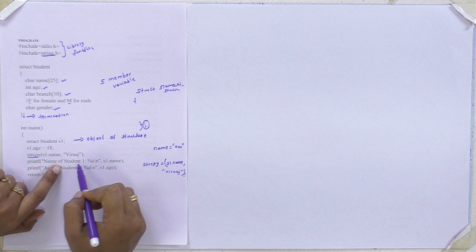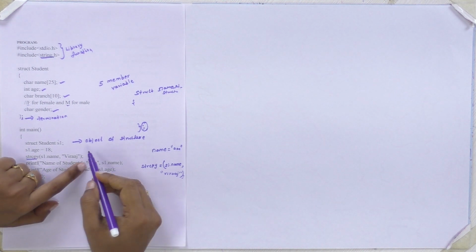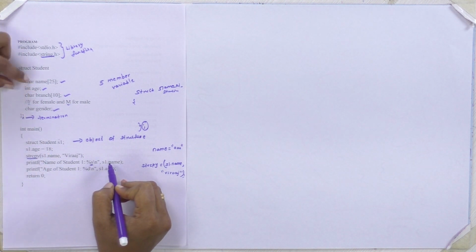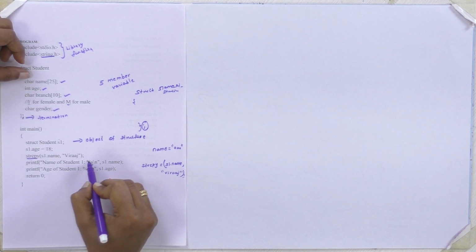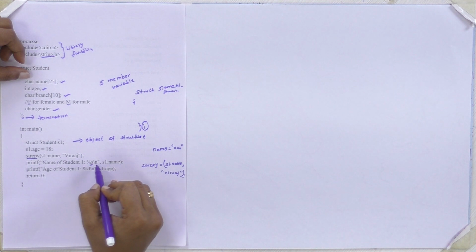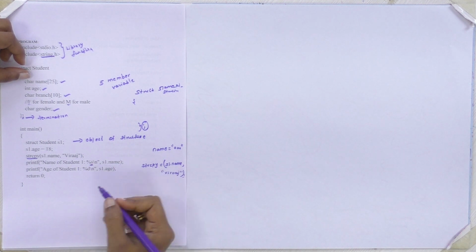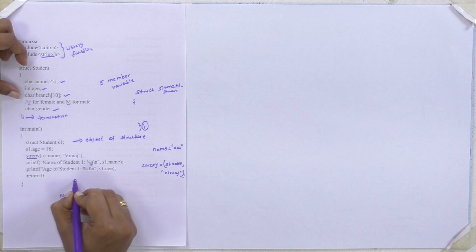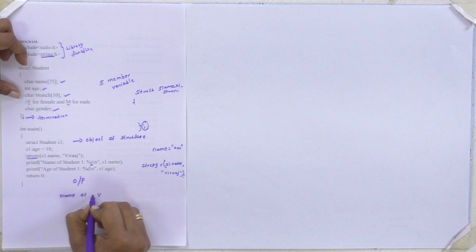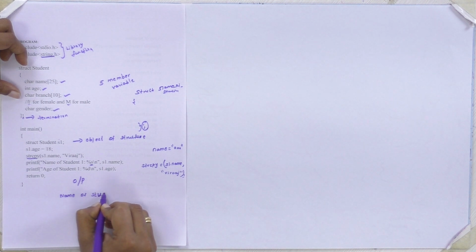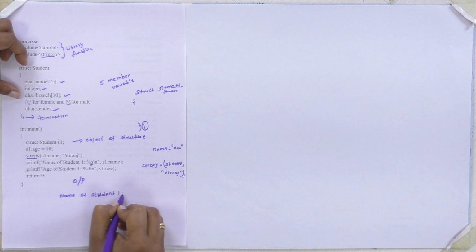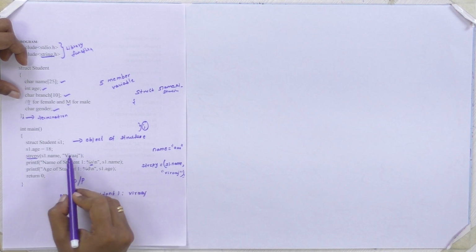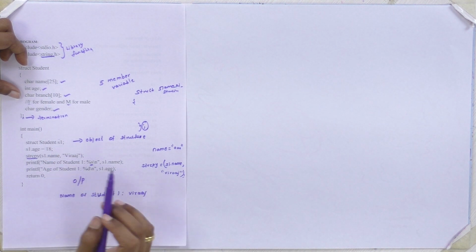So here I am printing the name of the student. It is the format specifier %s. s1 dot name is the character array, so I am going to format %s, comma s1 dot name. So here the output will be the name of student 1, which is Viraj, because it copied the particular string to this variable.